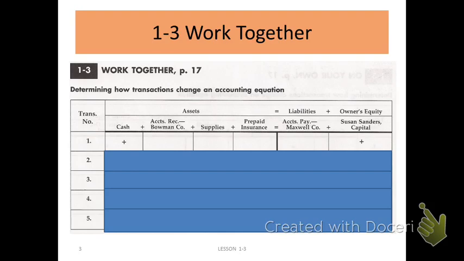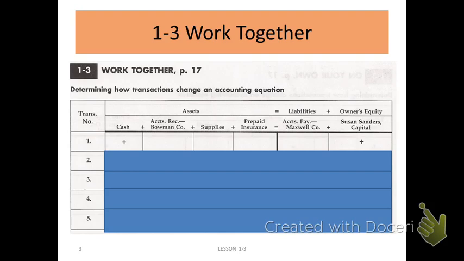The second transaction says we sold services on account to Bowman Company. Okay? Sold services, that is revenue, that is increase to revenue. It says it's on account. That customer is going to pay us at a later date. So looking at the top there at those account titles, we can see accounts receivable falls as an asset.